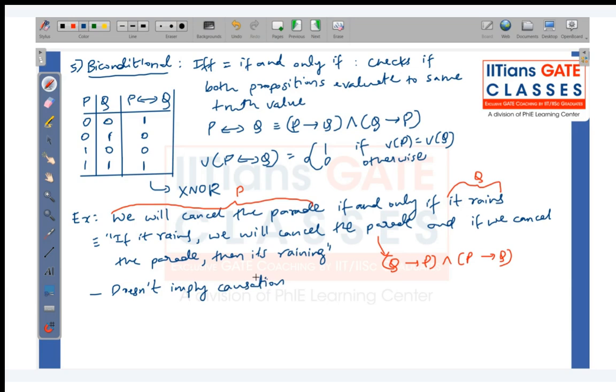What do I mean by this? In real life, we know that the rain has caused the parade to be cancelled. But when we are dealing with propositional logic, there is no place for this causation here.